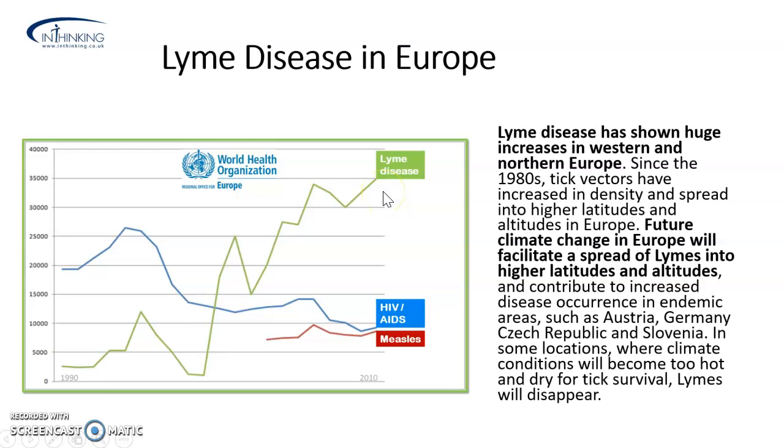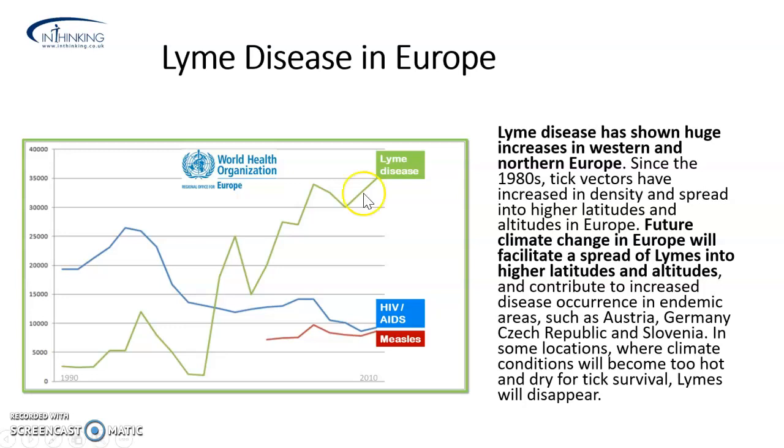With warmer Western and Northern European climates, we're seeing the tick, which typically is bound to deer and feeds on the blood of mammals in our forests, increasing in density, and it's certainly increasing in density in high latitude and high altitude European countries. So this is a particularly scary one. Future climate change in Europe will facilitate a spread of Lyme disease into these high latitudes and high altitudes.